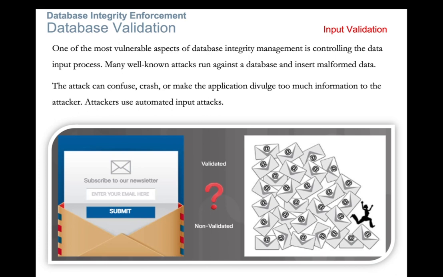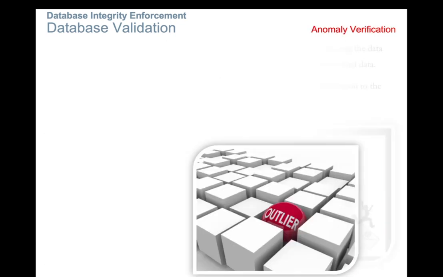Another is in database validation, the anomaly verification is required. So what does anomaly verification mean? Anomaly detection refers to identifying patterns in data that do not conform to expected behavior.